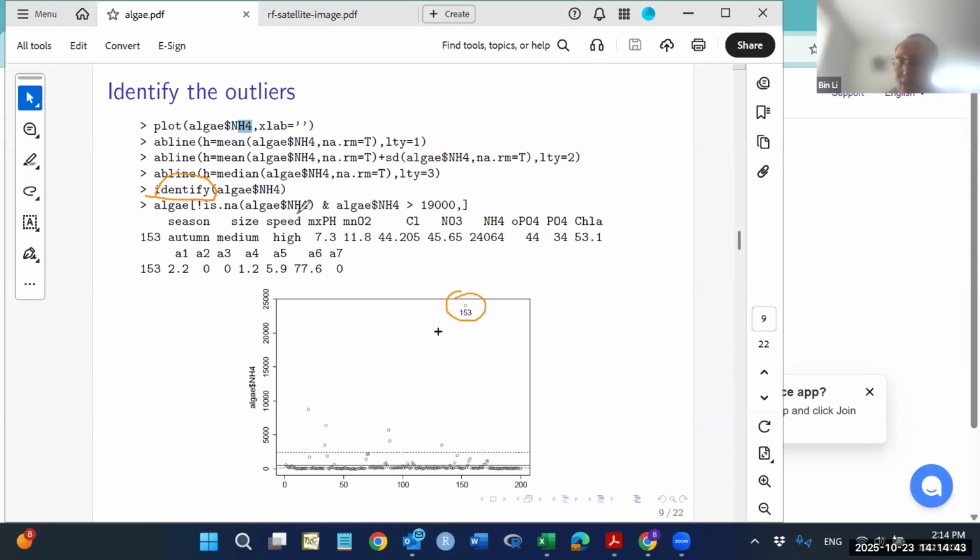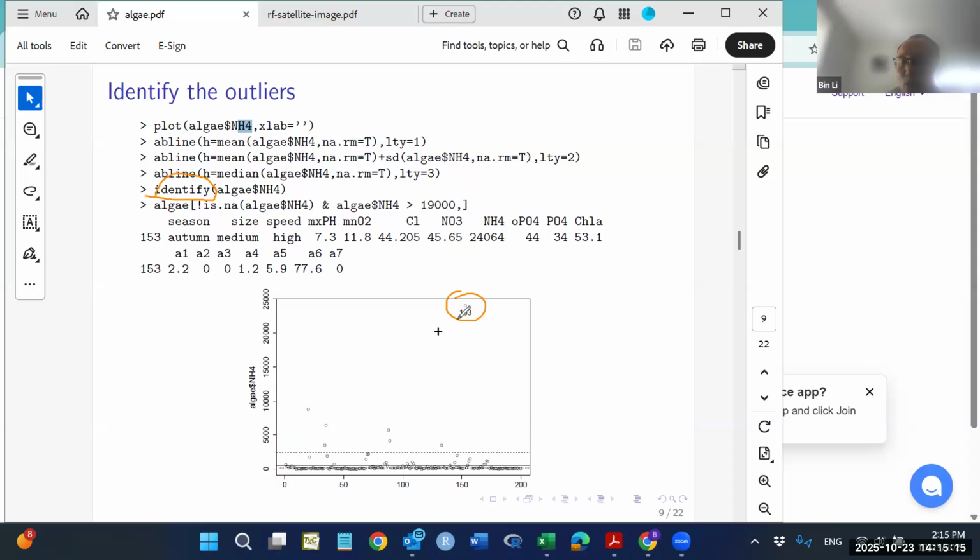If you use the identify function, the mouse will turn into a cross. When you move the mouse close to an observation, it will show the ID number. Then you click it, and that ID number will be on the plot. That's how you can use your mouse to highlight the outlier, and it will show you the ID.